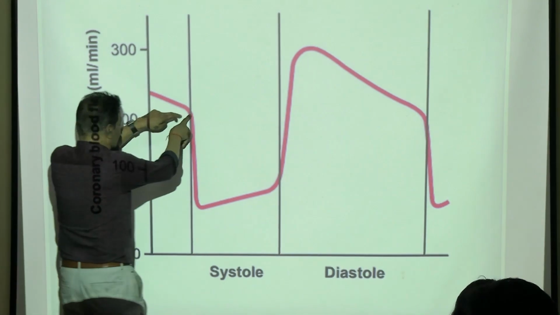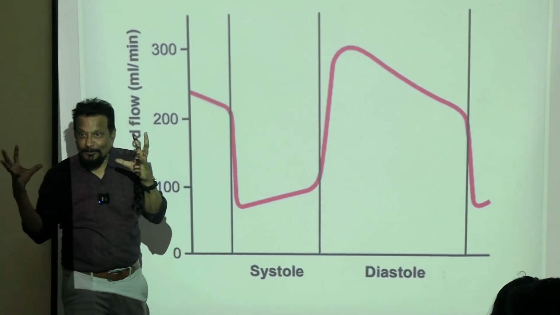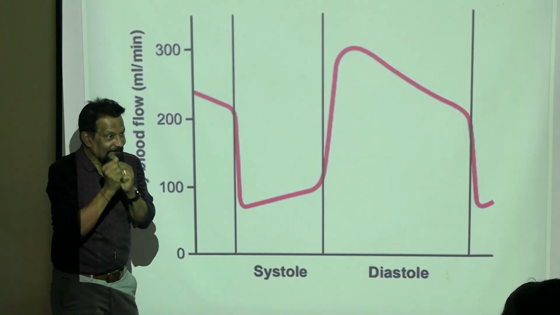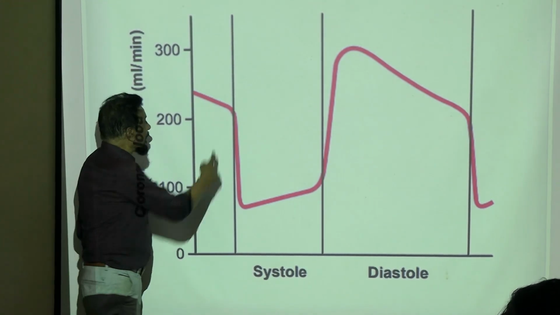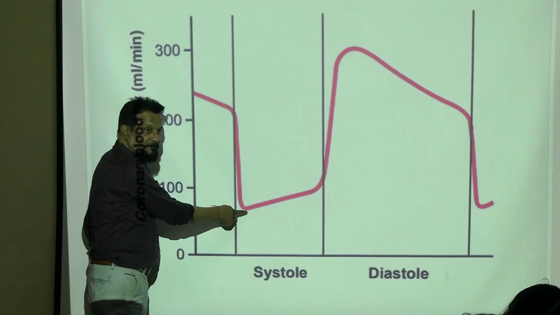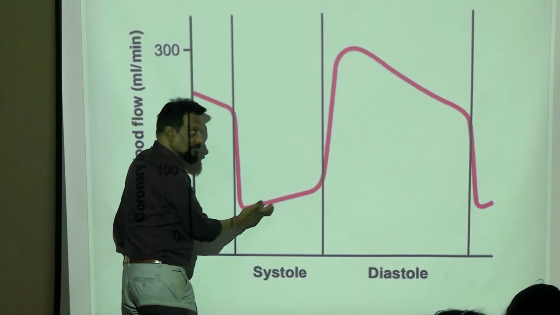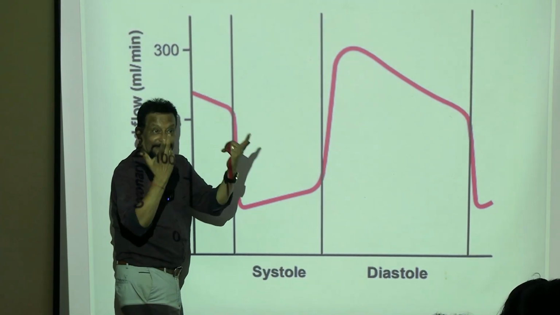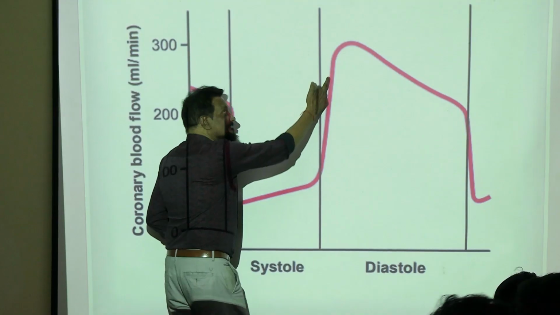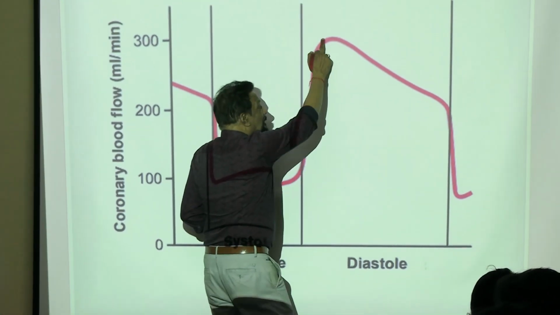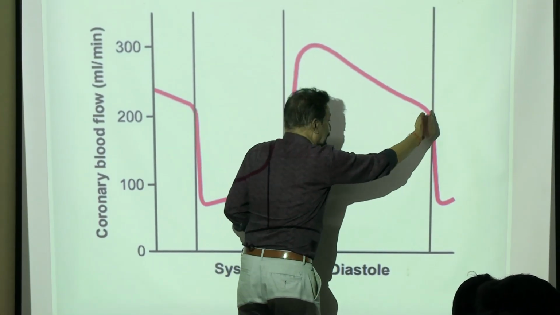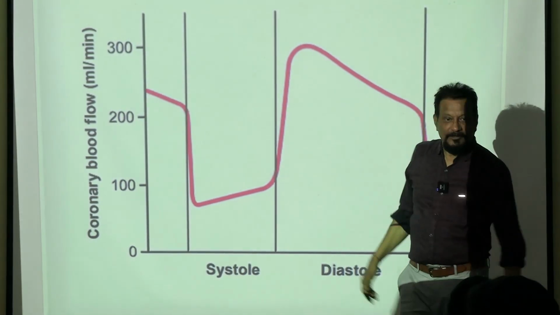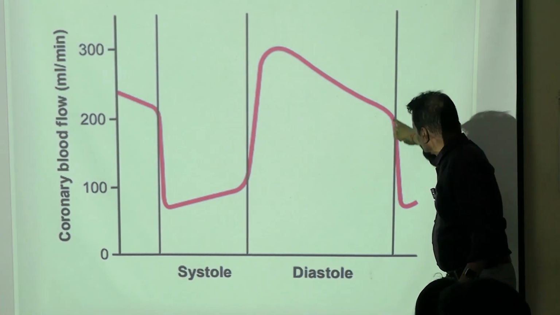During systole, what is happening? Blood vessels are squeezing, so less blood will be passing. That's why flow is reduced during systole. And when diastole starts, blood vessels are widening, so flow is rising. Then gradually it will fall, then come to the normal value. Now again it will go to systole.